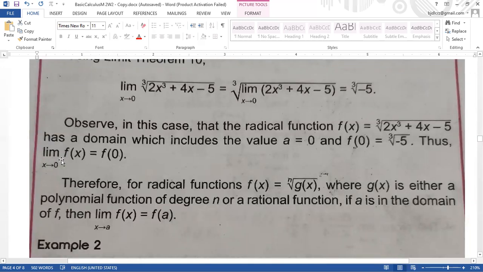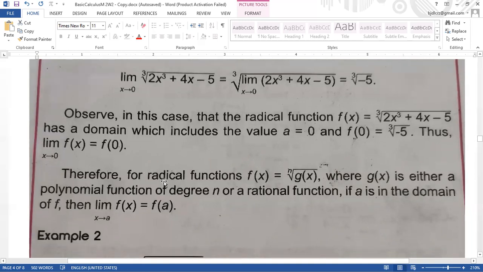Thus, the limit of f of x as x approaches 0 is equal to f of 0. So f of 0 and the limit of f of x as x approaches 0 are equal. If you substitute 0 directly into the equation, their answer is still the same, which is the cube root of negative 5.